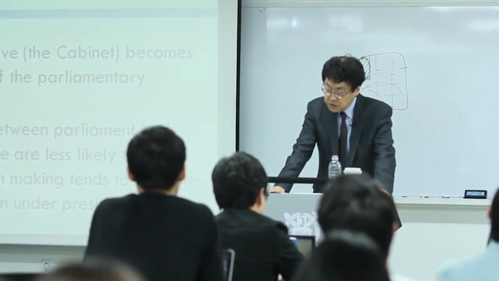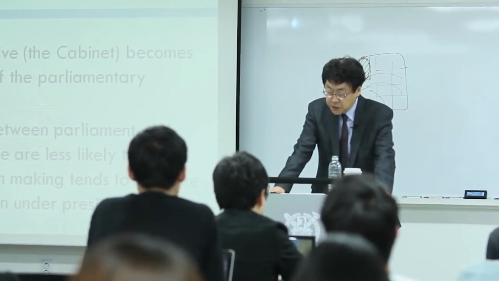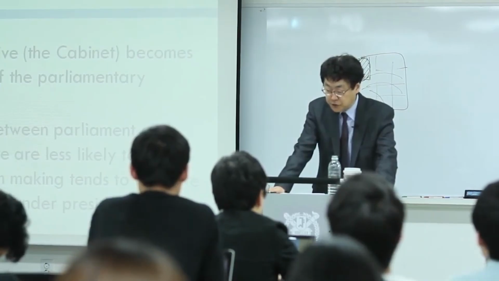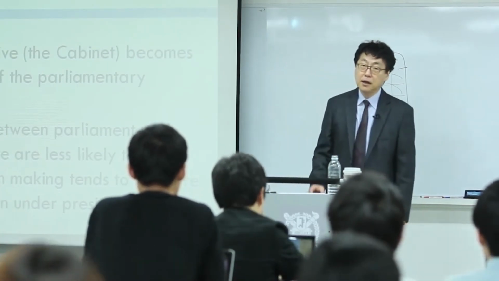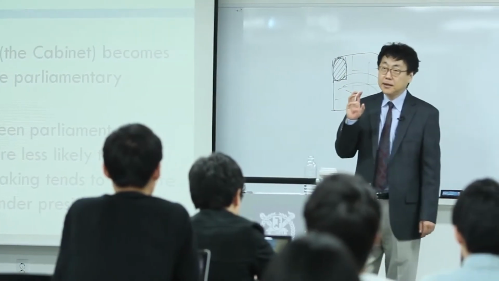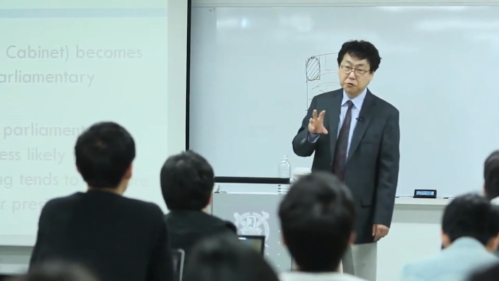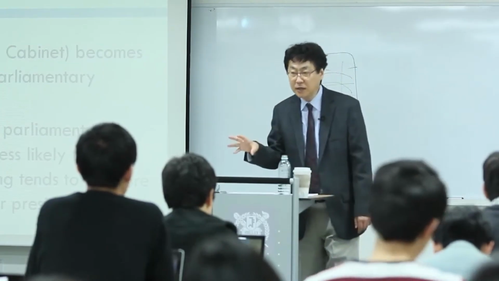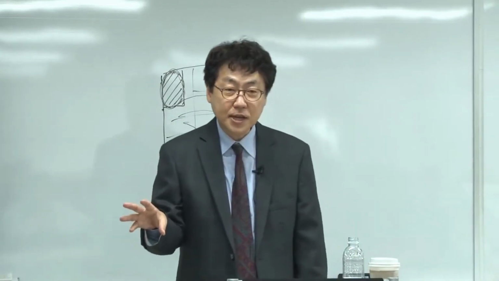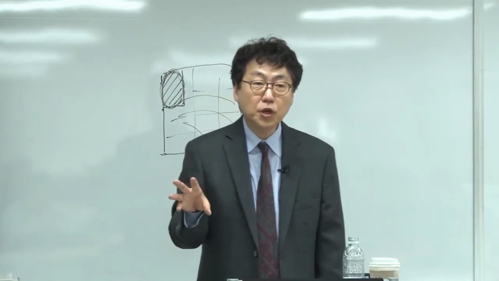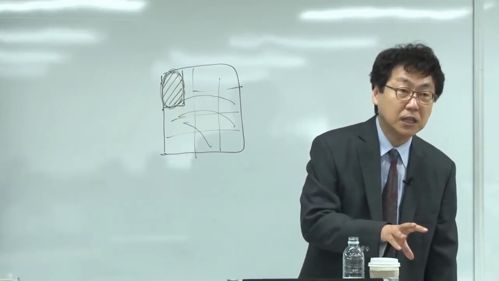The cabinet tends to dominate policy making, and the legislature is typically less influential than under a presidential system. So, in a parliamentary system, the same party controls both the parliament and the executive branch, the cabinet. Who becomes the members of the cabinet? Usually the important members of the majority party in the parliament.